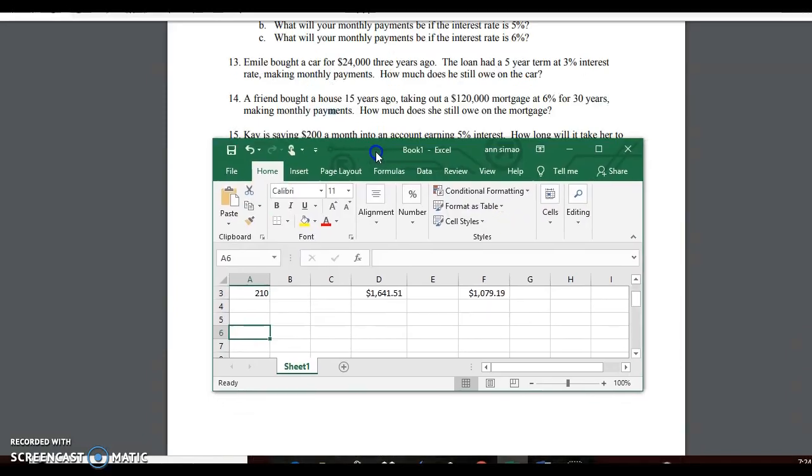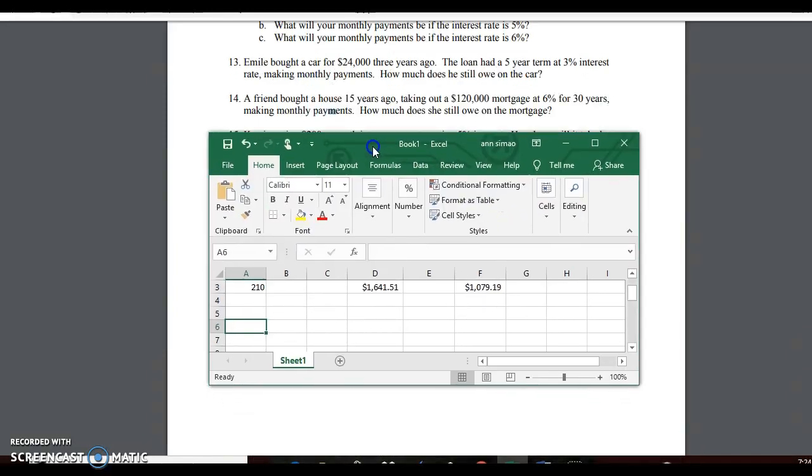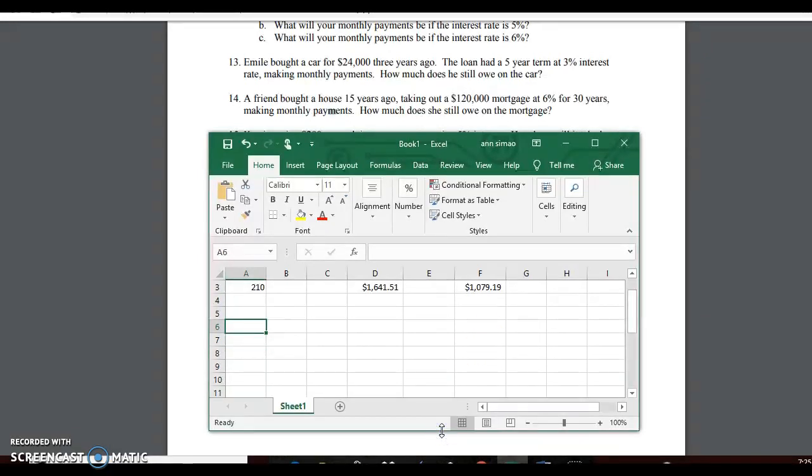If I look at a question like number 14 here, a friend bought a house 15 years ago, taking out a $120,000 mortgage at 6% for 30 years, making monthly payments. How much does she still owe on the mortgage? Well, the first thing I need to do is determine the payment. Equals PMT.